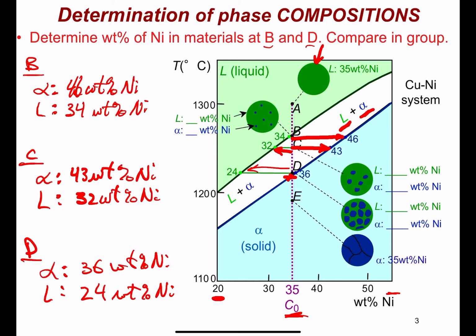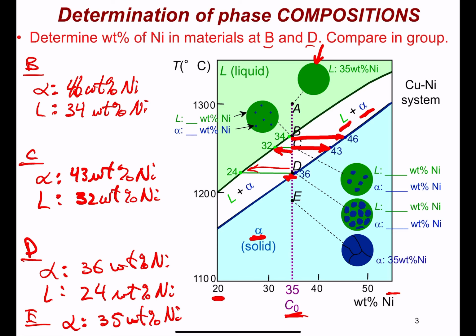Point E, we've crossed right into the alpha phase entirely. And so this is now a pure solid, and so there's only alpha. And of course that is going to match the composition of nickel, which was 35 weight%, matching that we had at point A, which was way up top.